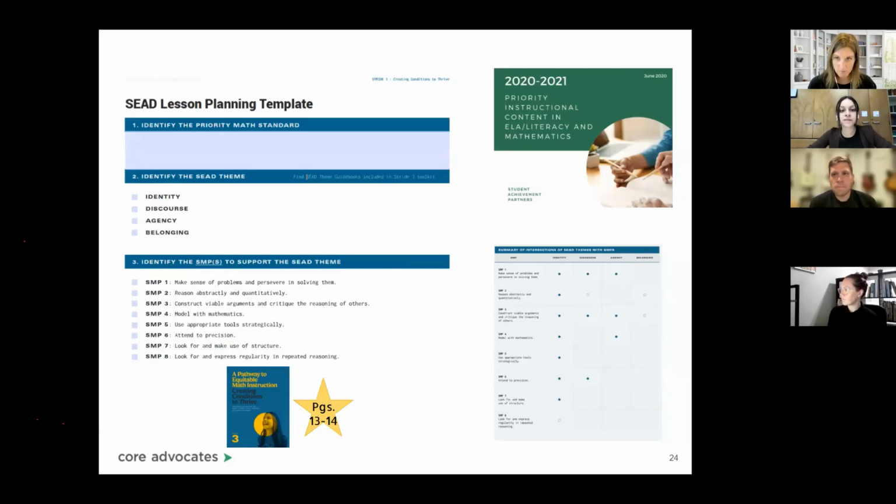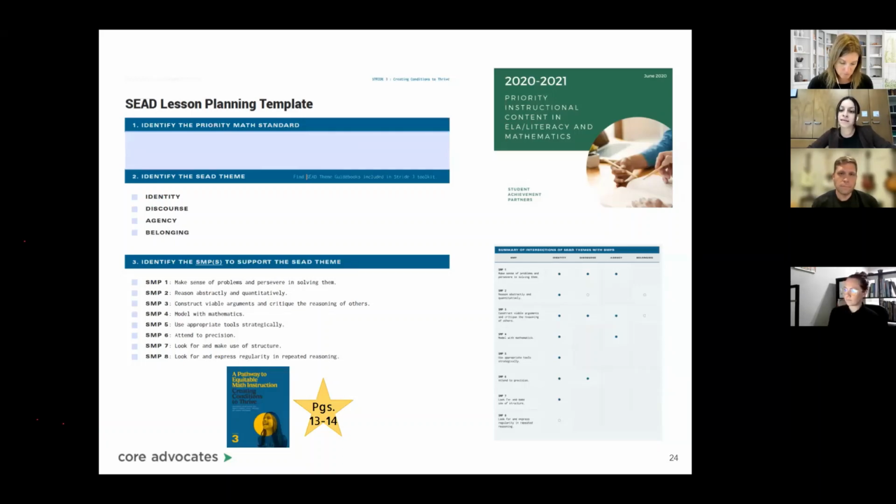So the first step is to identify the priority math standard, your content standard. Secondly, you would identify 1 or more of those SEAD themes that you would like to focus on in that lesson. And the last section, you would be connecting the standards for math practice to those SEAD themes that you identified that you would like to focus on in your lesson.